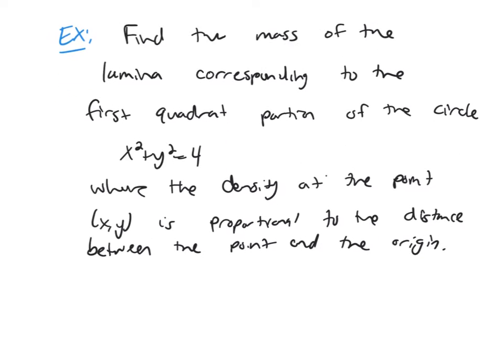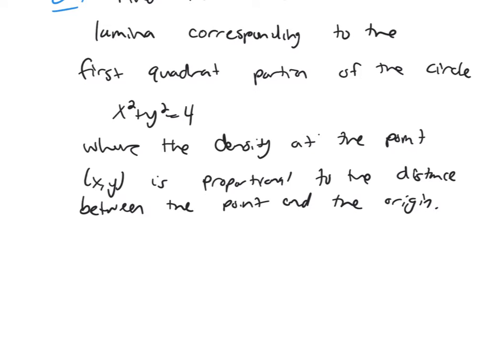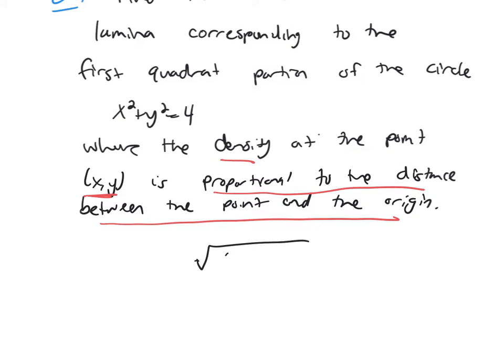So the first thing we're going to do is look at our density function. We're told that the density function is proportional to the distance between the point and the origin. So we look for the distance between this point here, xy, and the origin. Well, that's just our distance formula: the square root of x minus 0 squared plus y minus 0 squared.